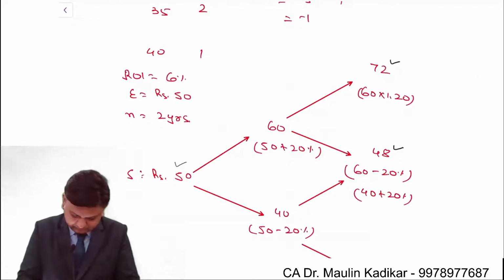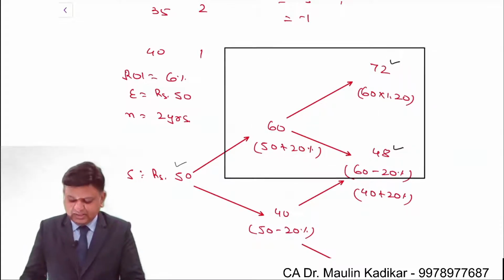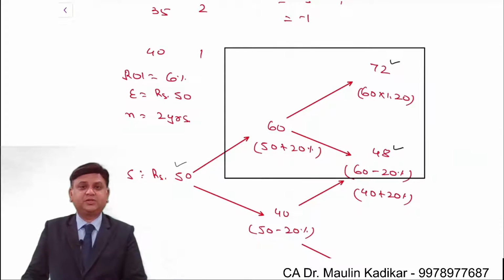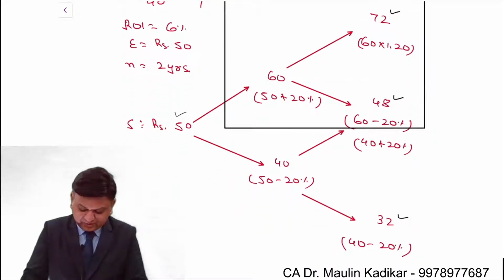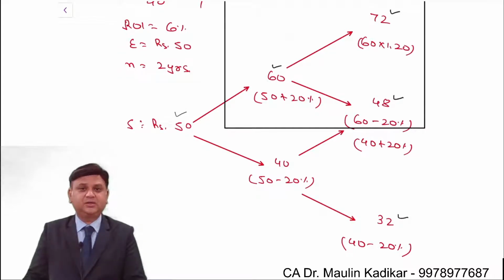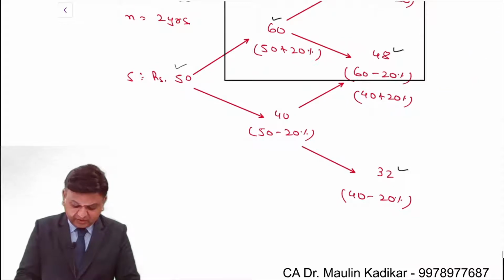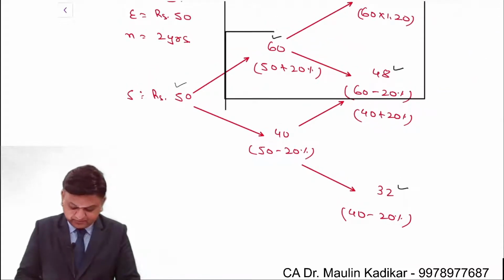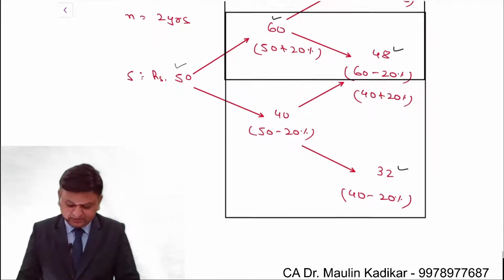We are required to compute the value of the option at the end of the first year when the spot price of the equity share is 60. Again, we are required to compute the value of the option at the end of the first year when the spot price of the equity share is rupees 40.